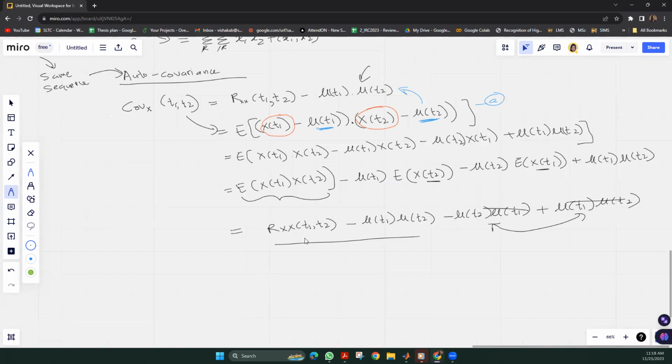Basically, the covariance of the two variables at T1, T2 is given by this function, where the autocorrelation between T1, T2 is subtracted by the product of the means of the T1, T2 variables.